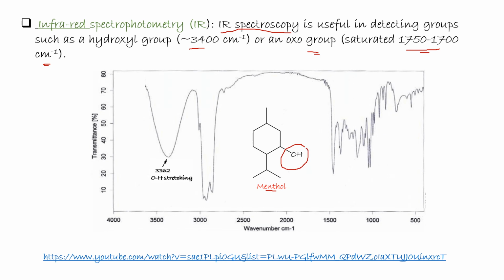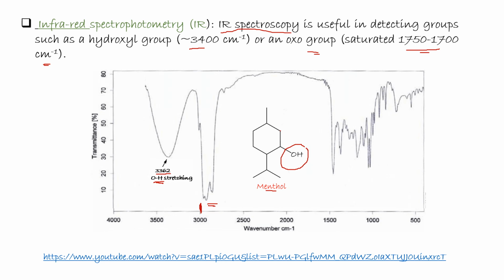In infrared, you can see clearly a peak at 3362 for OH stretching. It's broad and strong. Also, because you have all this carbon sp3 hydrogen, it will show up below 3000 cm-1.